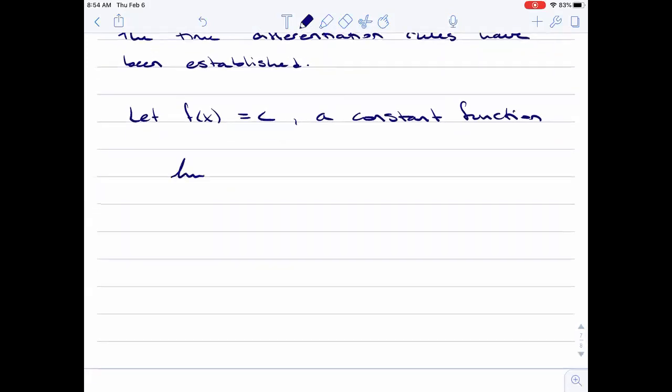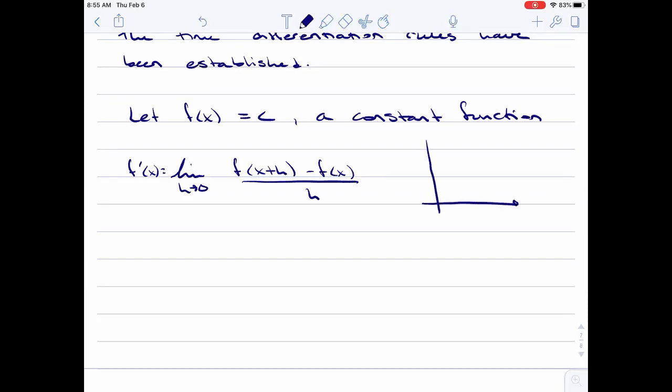Then I'm finding f prime of x, the limit as h goes to 0 of f of x plus h minus f of x, over h. If it's constant, it's going to look like this: f of x equals c.